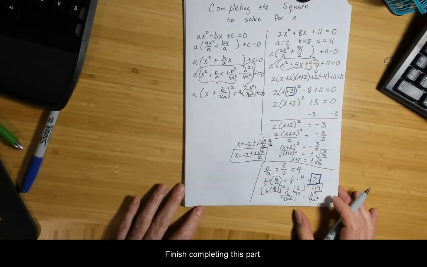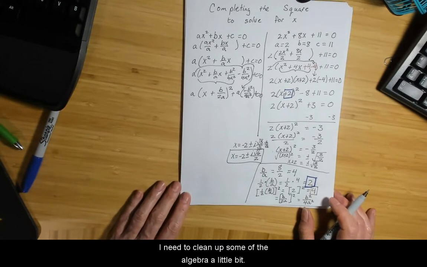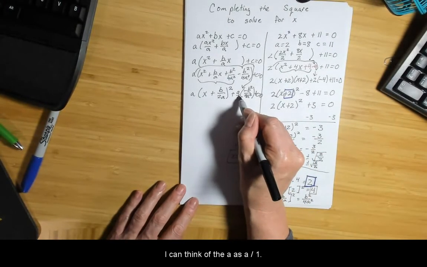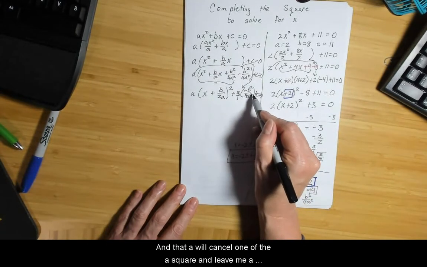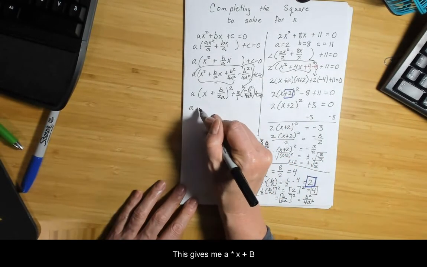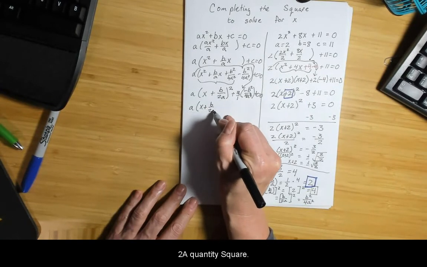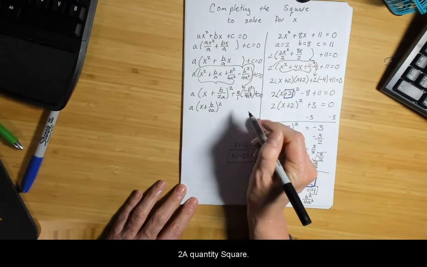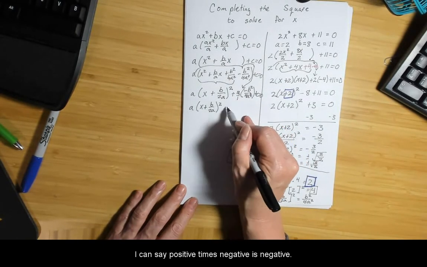To finish completing this part, I need to clean up some of the algebra a little bit. I can think of the a as a over 1, and that a will cancel one of the a squareds and leave me a in the denominator. This gives me a times x plus b over 2a quantity squared. I can say positive times negative is negative.